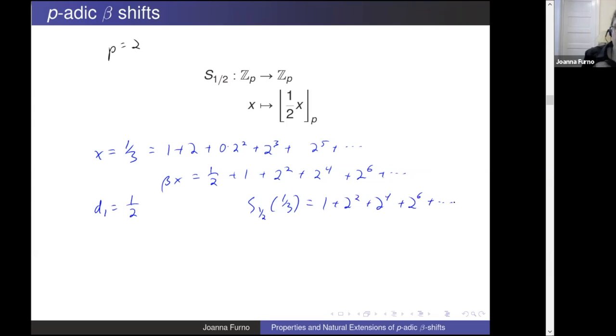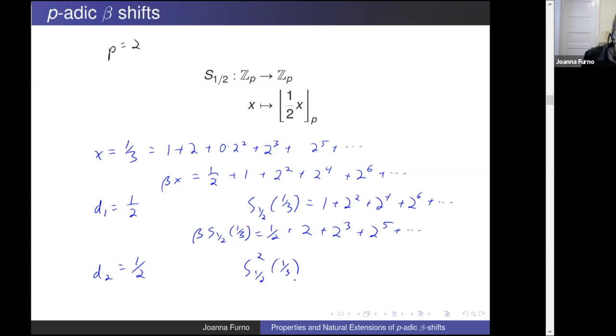And then for the next digit, we multiply that by beta again, which is 1/2, which is really easy. It's 1/2 plus 2 plus 2 to the 3rd plus 2 to the 5th, and so on. Okay, so our next digit is 1/2, and our next iterate is the rest of this.